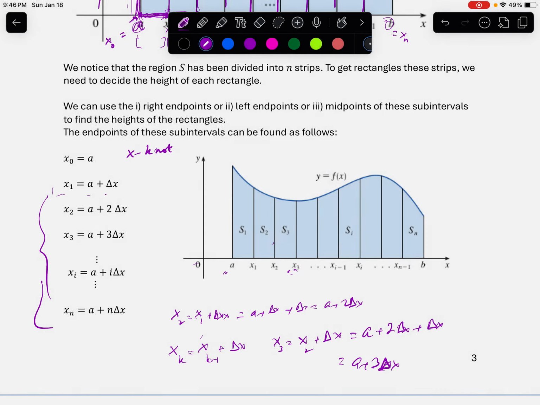For the first rectangle, the right endpoint is this, which means this will be the height of my first rectangle. So this time I will go this way to complete the rectangle. Can you see we lost some area here? Okay, for the second, the right endpoint is this one, x2. So the height will be f of x2, and so on.